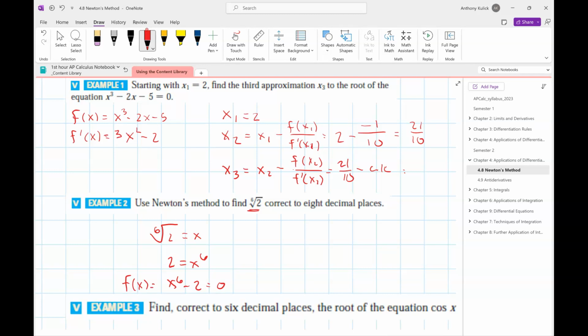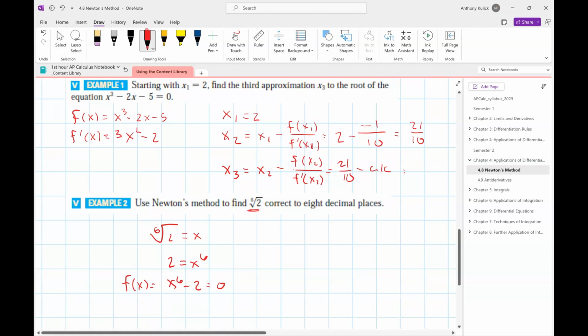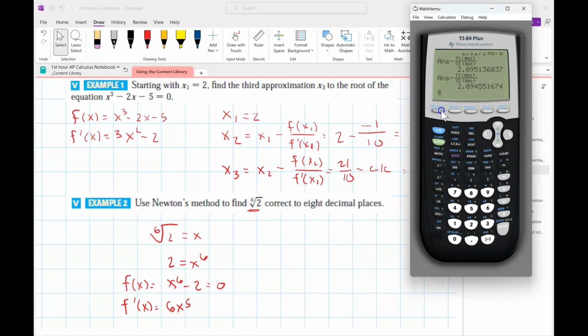So what's f prime got to be then? Good. Okay. So I'm going to go in and change that to x to the 6th minus 2, and then 6x to the 5th in y2.